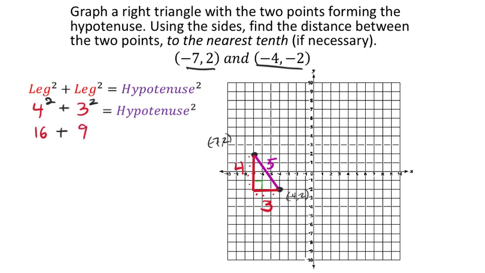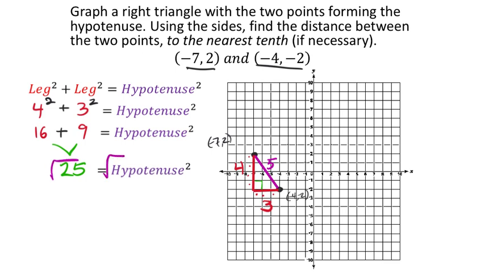So 16 plus 9 is going to be equal to the hypotenuse squared. And then 16 plus 9 is going to be 25. Some of you guys, I think, see how that's going to be 5 already. But now, what I will do is square root both sides to make just the hypotenuse. Right? Not hypotenuse squared. Square root of 25 is 5.